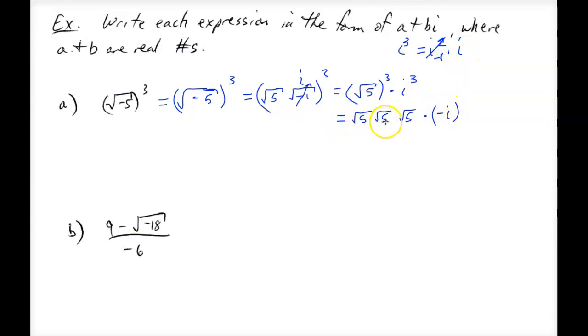The square root of 5 times the square root of 5 is the square root of 25, which you know is simply 5 at the end of the day. So we have a -i here, so we just put the i there and a negative there, and then we'll have 5 times the square root of 5. And so this is how this number would look.